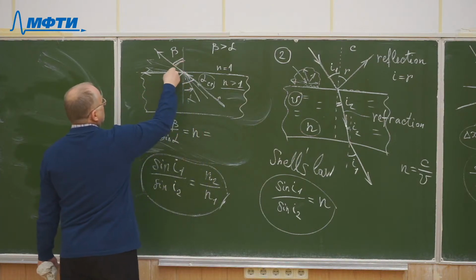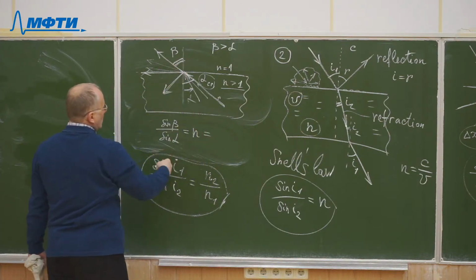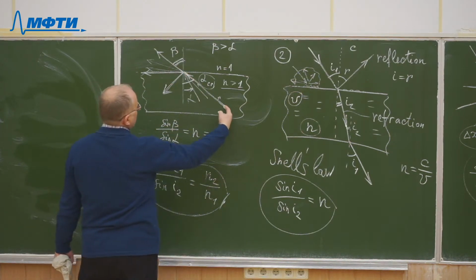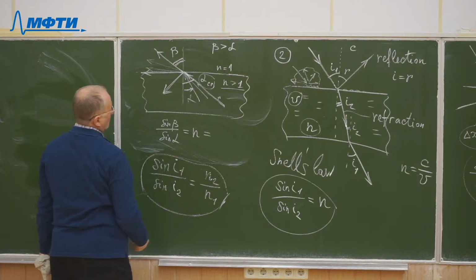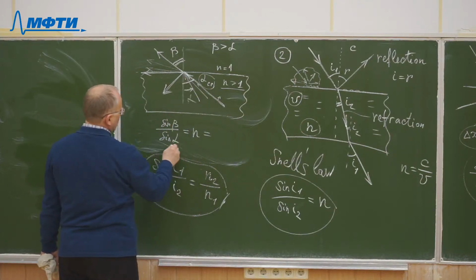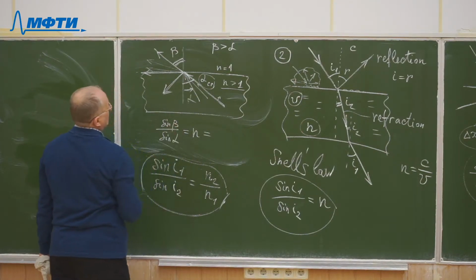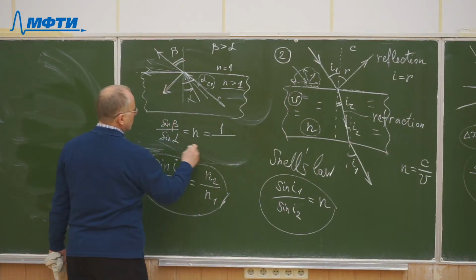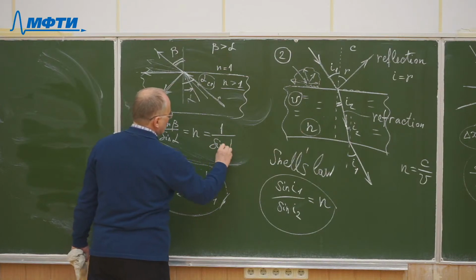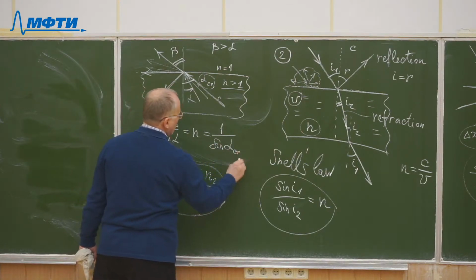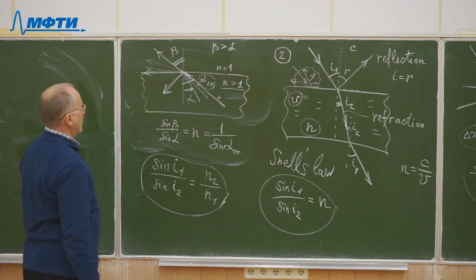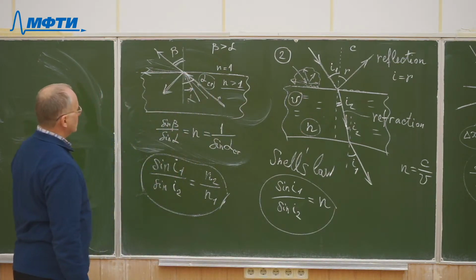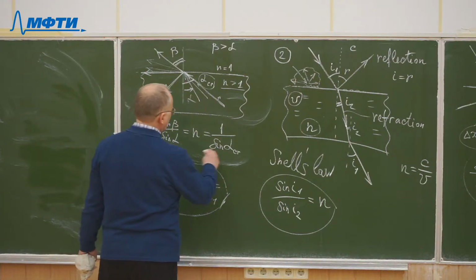If beta equals 90 degrees, that will correspond to the critical angle of incidence of a light ray inside the glass plate. So if beta is 90 degrees, then sine beta is unity. And then this alpha will be equal to the critical angle at which total internal reflection happens.